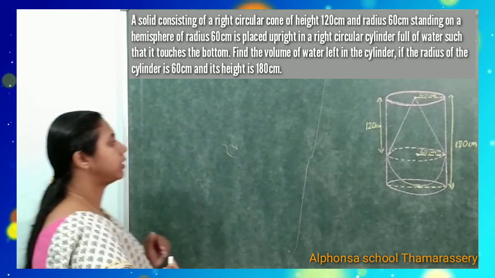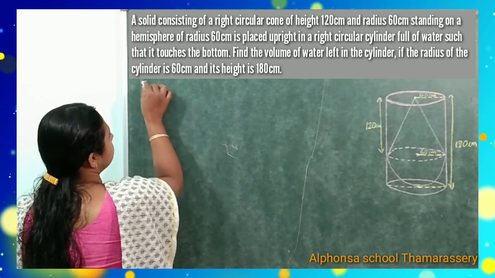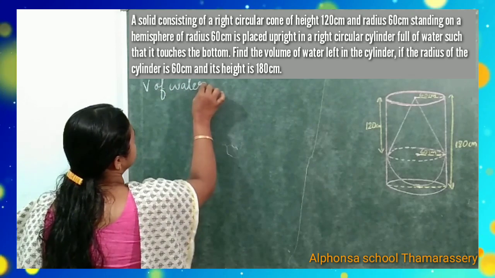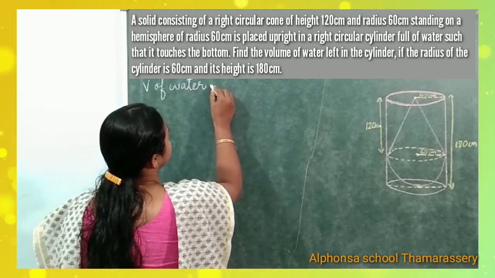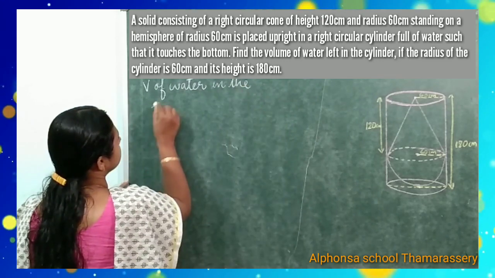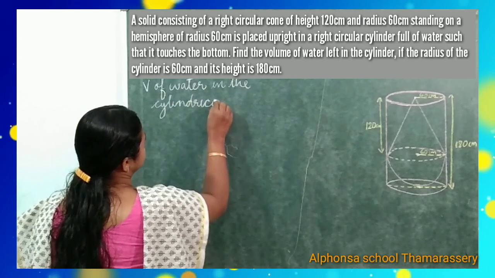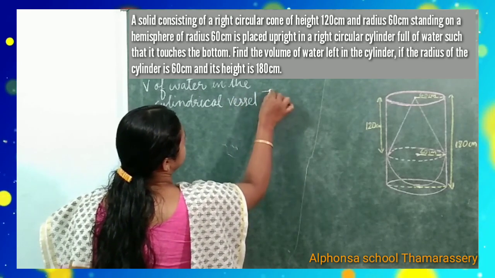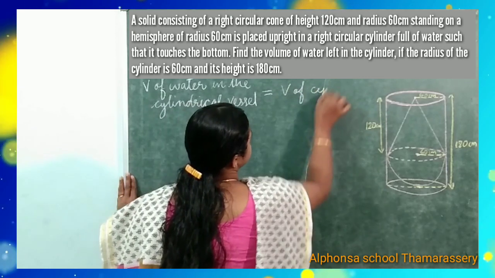Now we want to find the volume of water in the cylindrical vessel, which is equal to the volume of the cylinder.